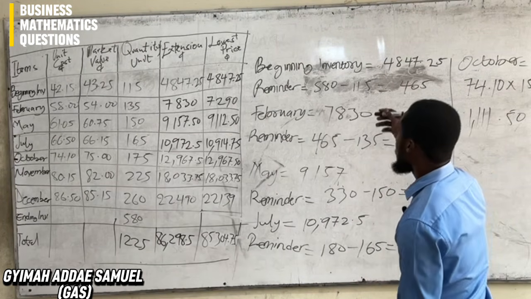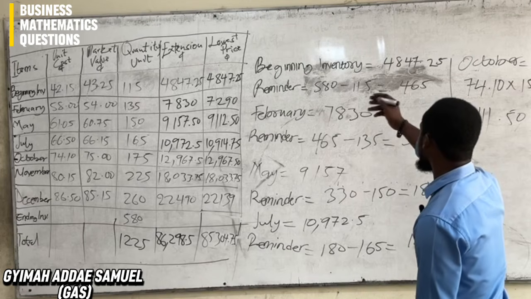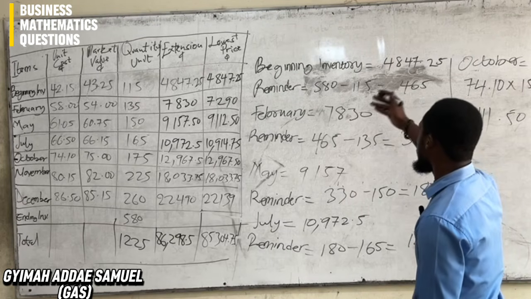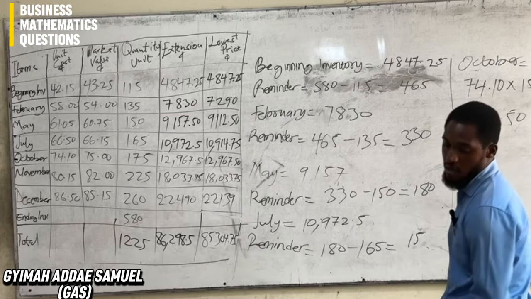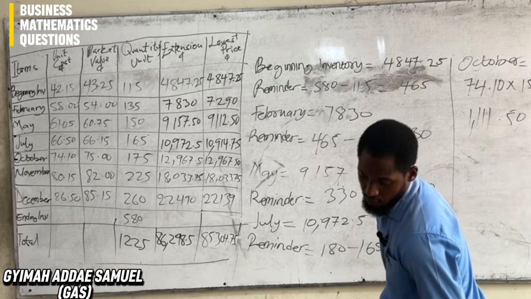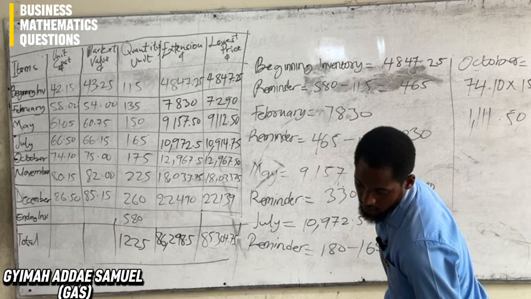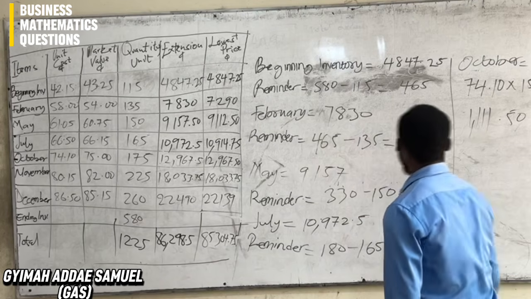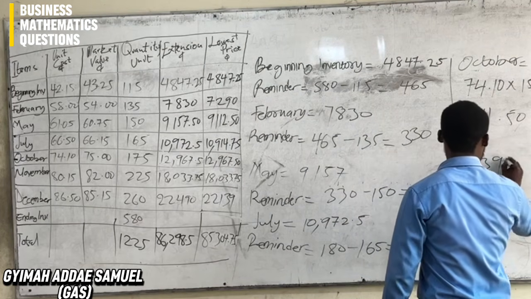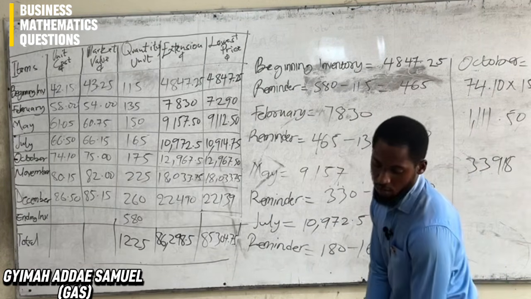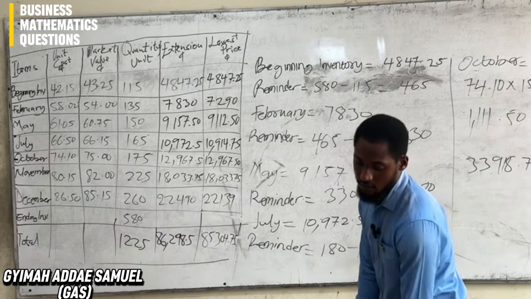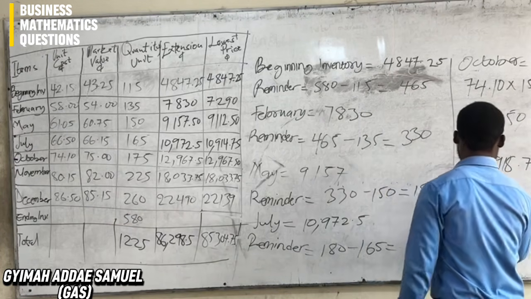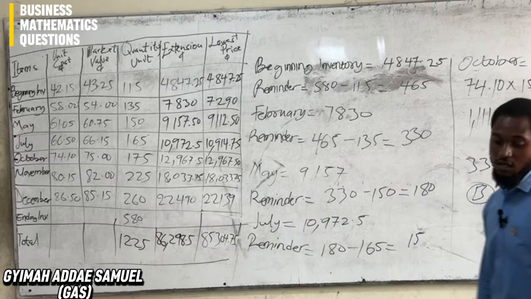We add our extension as gotten for the beginning inventory, for February, for May, for July, and also for October. When we do so, we are getting 33,918.75, and this is answer B in the objective.